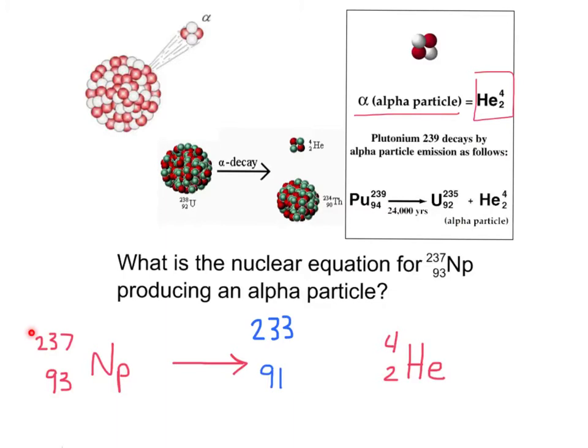Now I can look on the periodic table. When I look on the periodic table, I see that protactinium has 91 protons. Its symbol is Pa. So here now I have just written my nuclear equation.